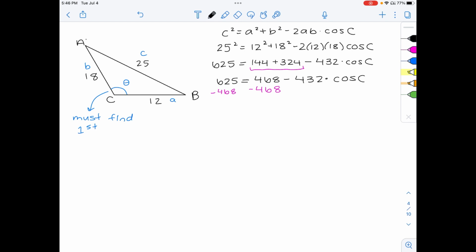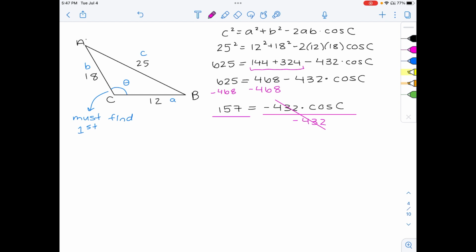So this is where it's a little bit different from the previous question. I have 157 is equal to, and then I just have negative 432 times cosine of C left on this side. Then following the same steps, I'm going to divide by negative 432 because that will cancel this out. It has to be a negative that you're dividing by in order to be correct.